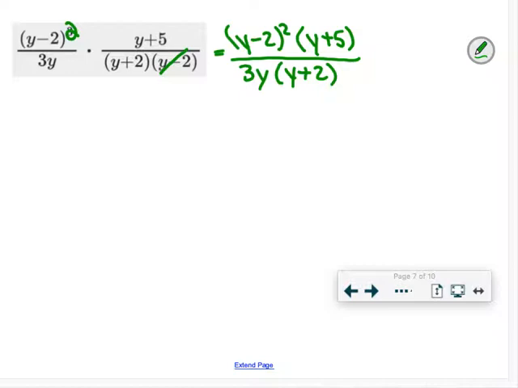Because if I think about it factor by factor, in my denominator, this is 3 times y times y plus 2. So I have 3 different factors here. I'm multiplying 3 different things. Okay, do any of those separate factors appear as a separate factor in my numerator? No. So this is as simple as we can get.